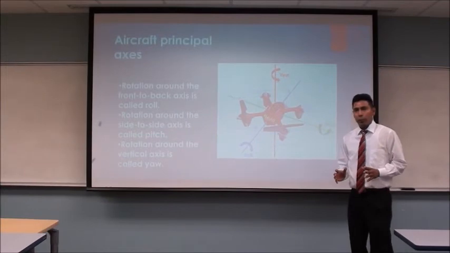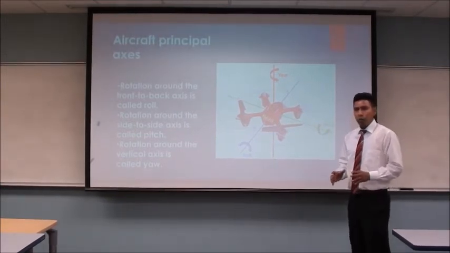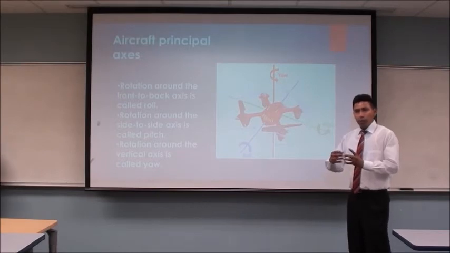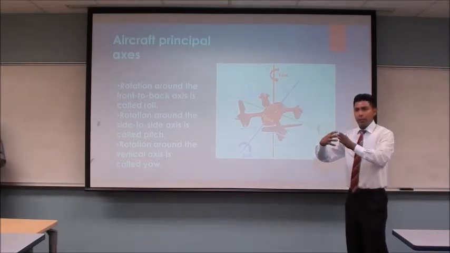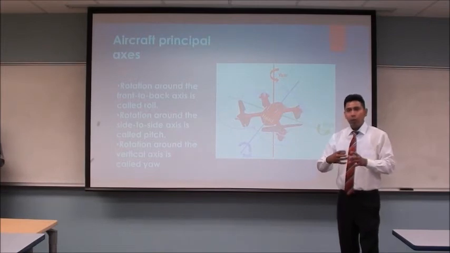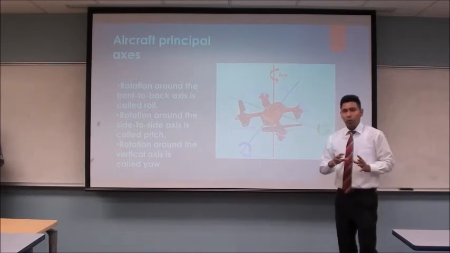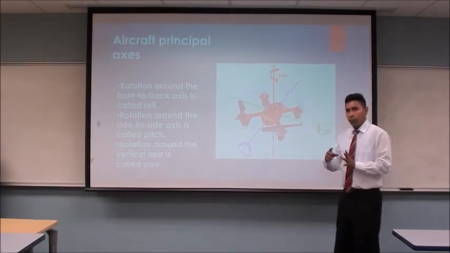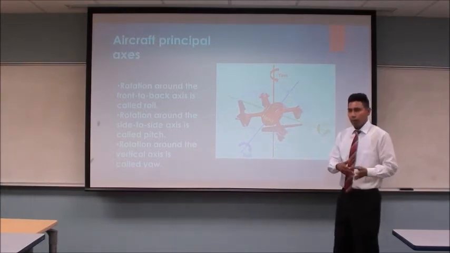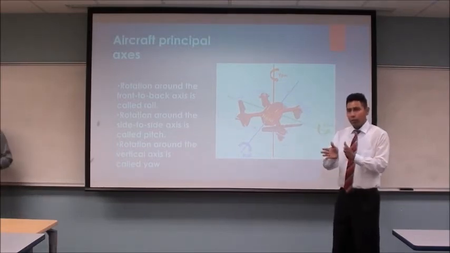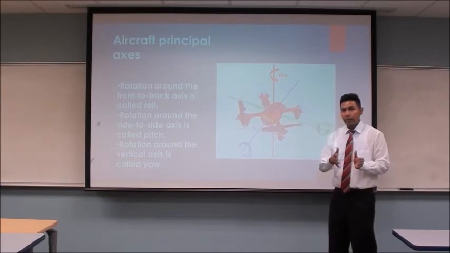Now, something to keep in mind while maneuvering the drone is that the drone is capable of moving along the three axes. It will go forward, it will go side to side, and it will go up and down. But also, what makes the drone different from a vehicle like a bicycle or a car is that the drone can spin along three different axes.